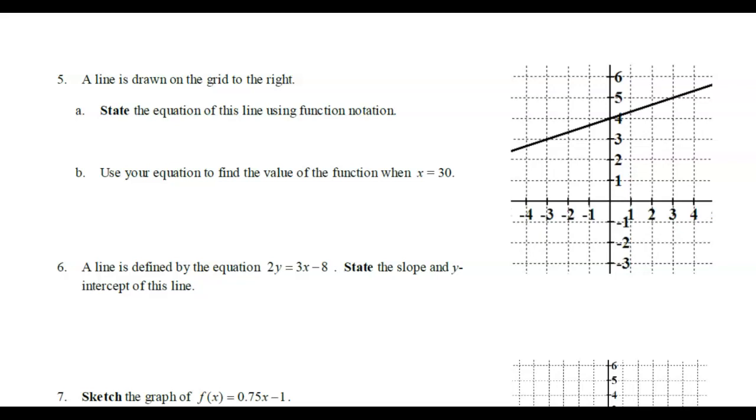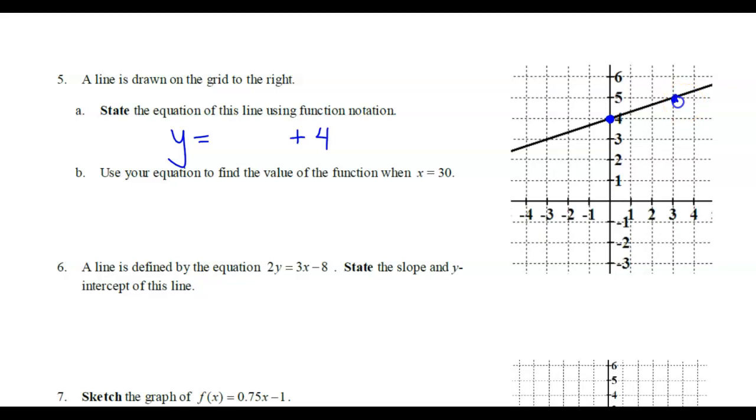Okay, so a line is drawn to the right here. State the equation. So now we can come up with the equation. We want to find the slope of this line and the y-intercept. The y-intercept's really easy. It's 4. So right now, I know it'll be plus 4. Then for the slope, I need to find another nice point where the grids cross.